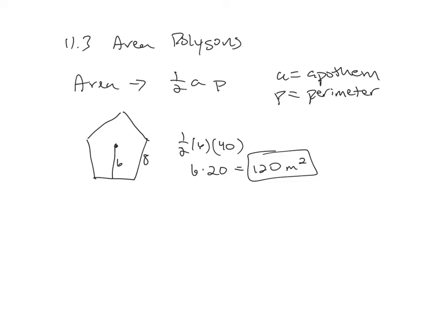Okay, so that's the easy problem. If I have the side and I have the apothem, then I'm good. So what happens if I don't have one or both of those pieces of information?